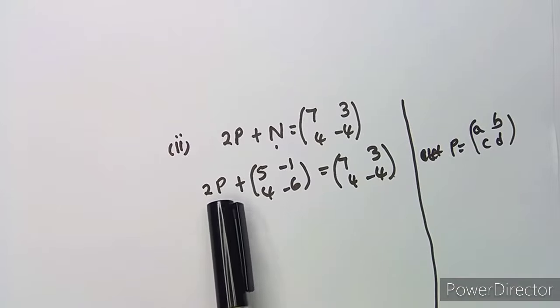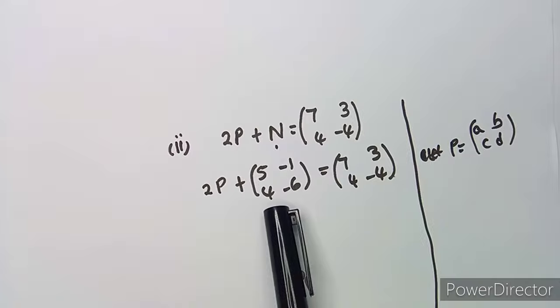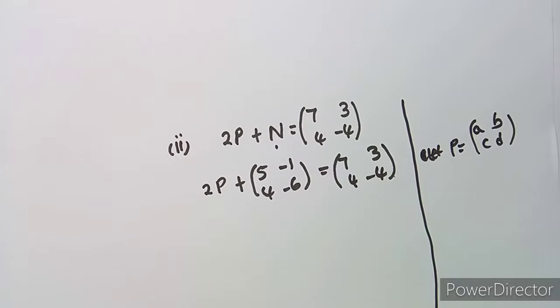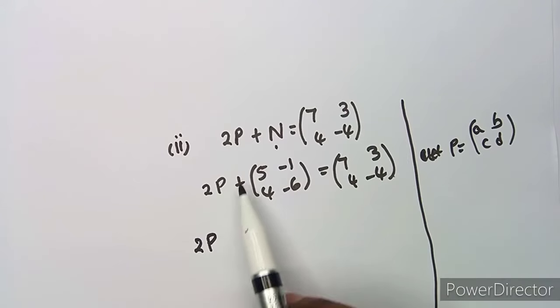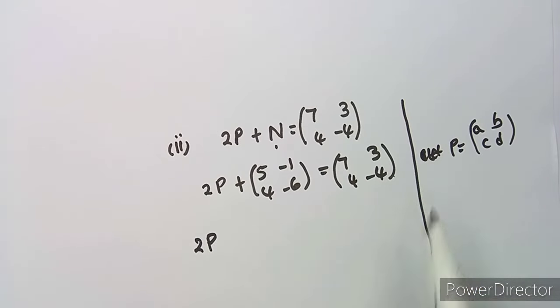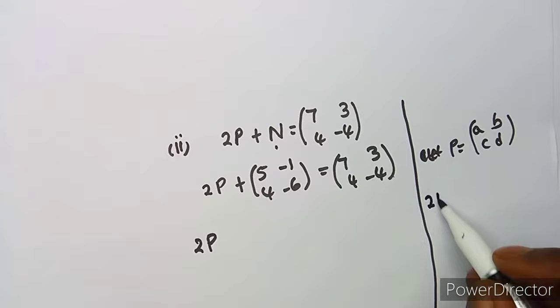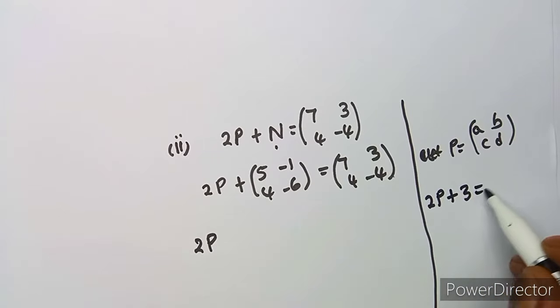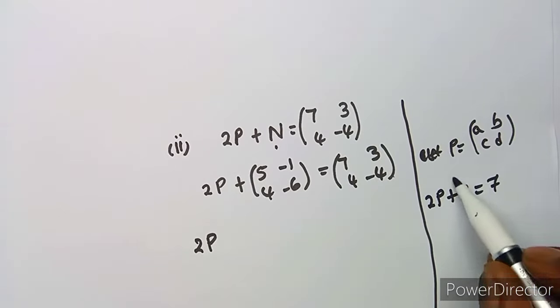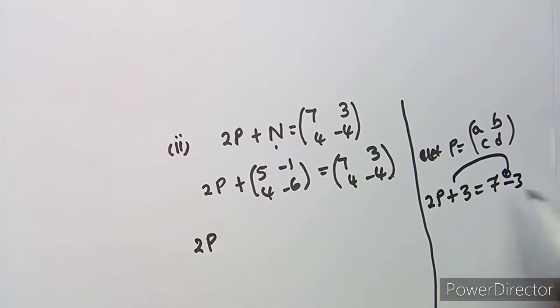So definitely the matrix P that we are talking about is a 2 by 2 matrix. So we just work it like that, knowing that there is a matrix here. So let us transpose this matrix to the right hand side, just like in a normal equation. 2P plus 3 is equal to 7, and you want to solve for P. You transpose 3 and it will be minus 3.